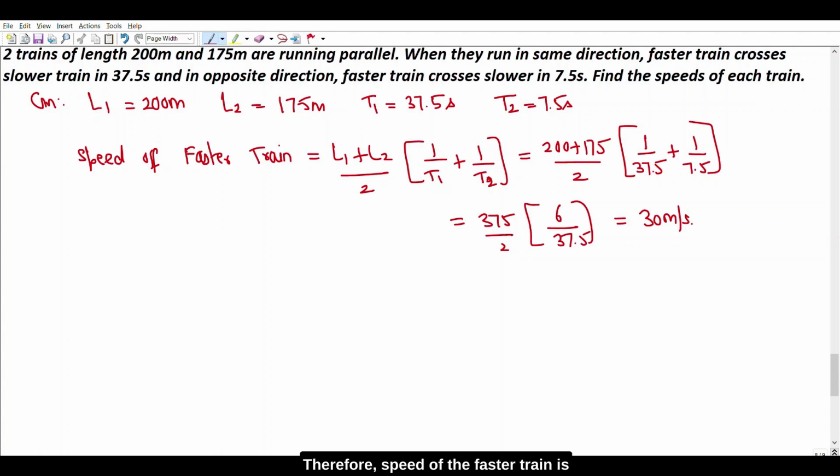Therefore, speed of the faster train is equal to 30 meter per second.